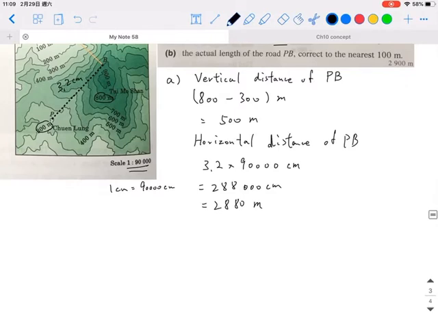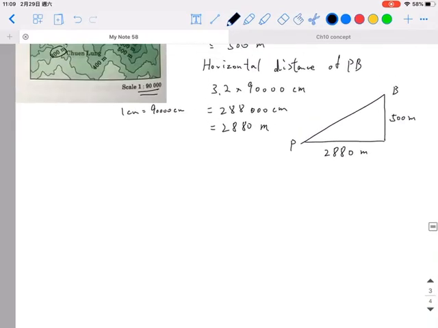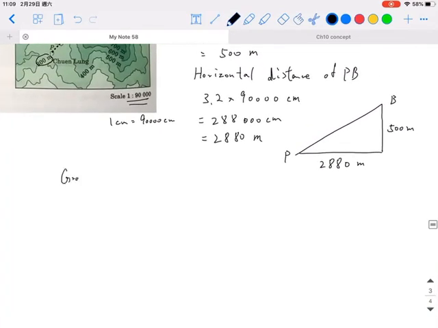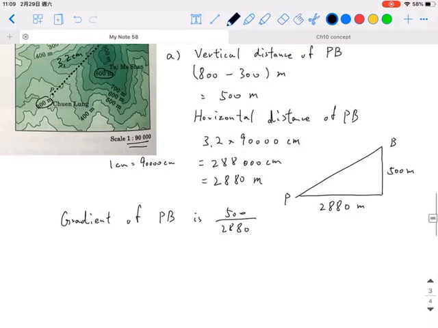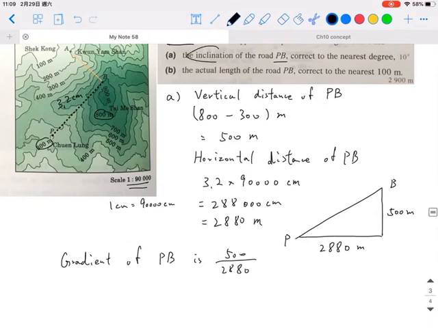If I draw a right angle triangle, with P and B, the vertical distance is 500 meters and the horizontal distance is 2,880 meters. Then the gradient of PB is 500 over 2,880, and the question is asking us for the inclination.